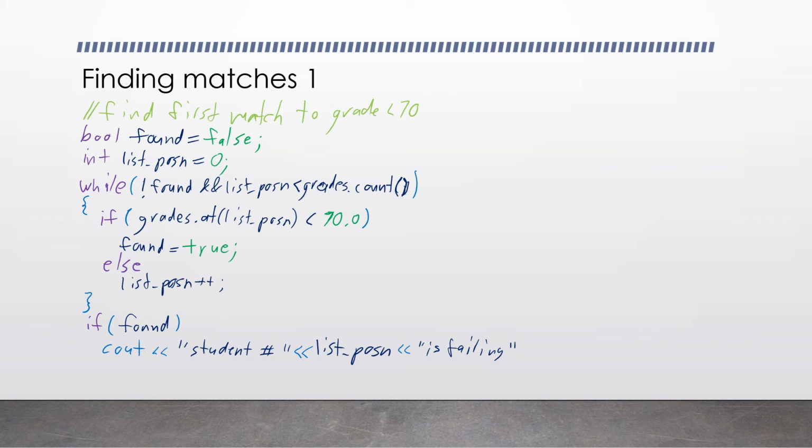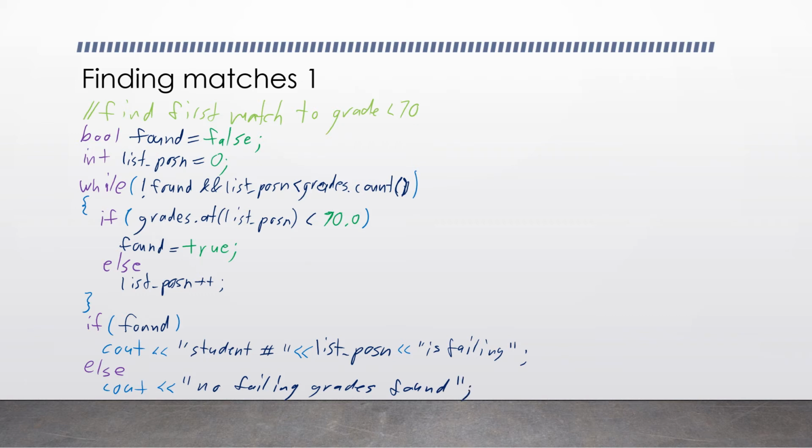Okay. And then we can put an else, and if not, we can cout the happy message, no failing grades found.